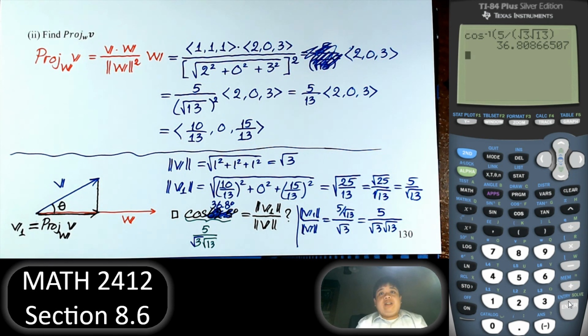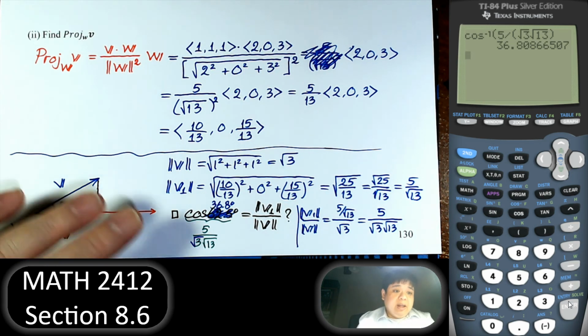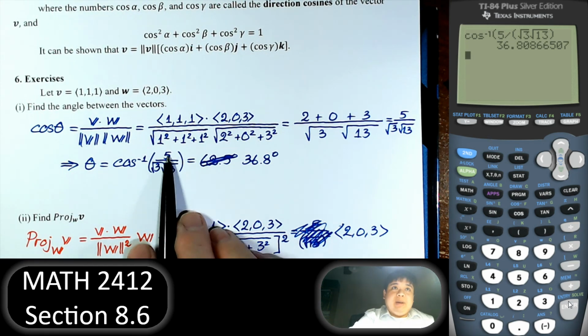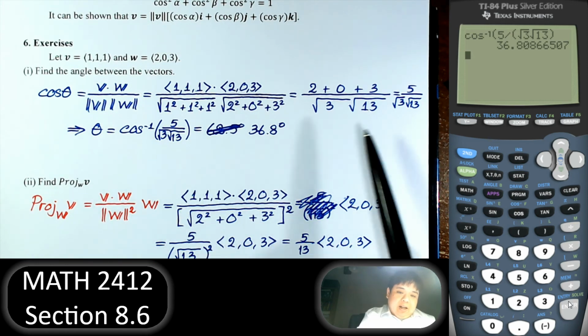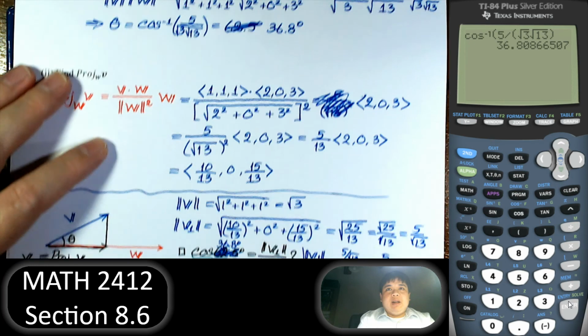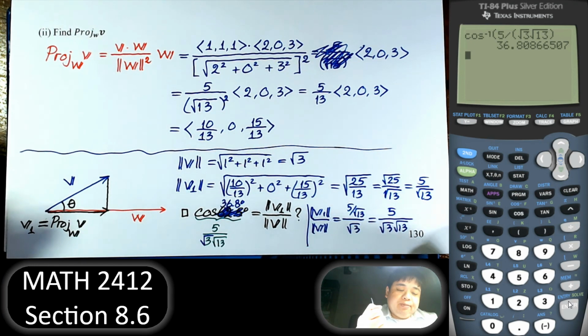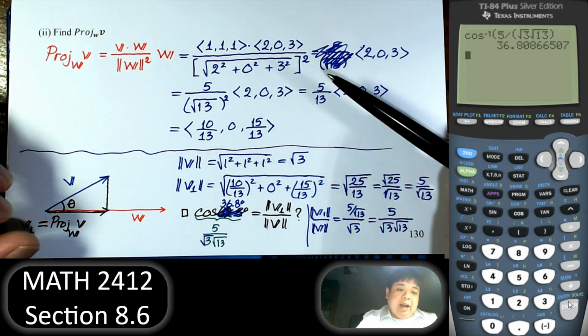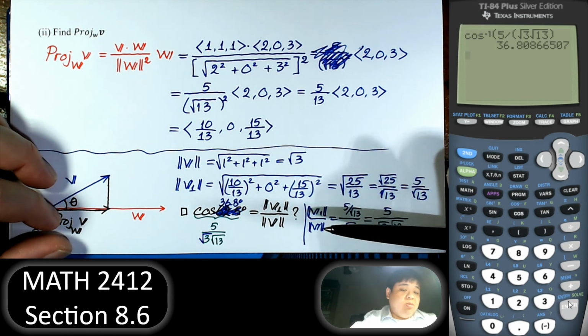So there's a relation between the angle between two vectors and orthogonal projection. Once again, sorry about that. That should be square root of 3, which I forgot to write. But we go back and check it. And orthogonal projection, still the same thing.